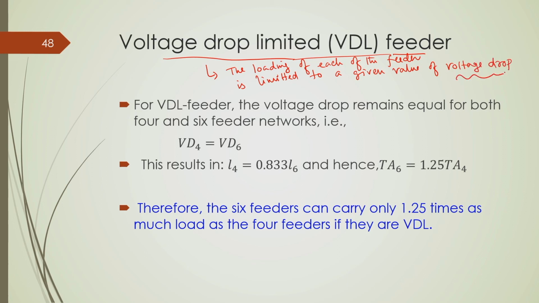So, we will specify that you can design a feeder, but that feeder should not have more than, let us say, 5% of voltage drop. The main feeder should not have more than 5% of voltage drop.